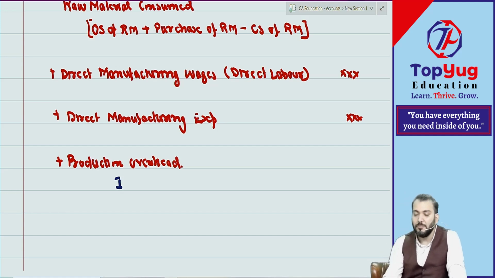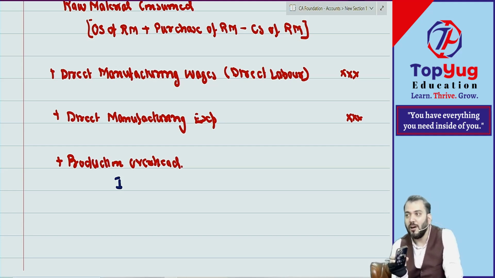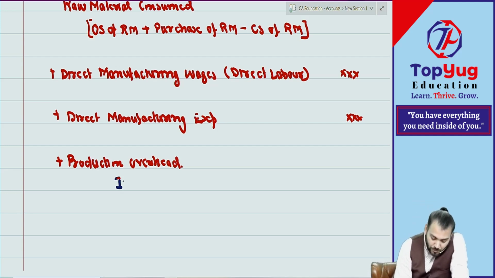Correct now? For example, this mobile, whatever is visible, that is direct. Whatever is not visible, meaning not part of its content. For example, suppose this is made of plastic, we require coal to mold the plastic for generating fire. For generation of fire, the coal is not included in this mobile. The coal becomes indirect material.